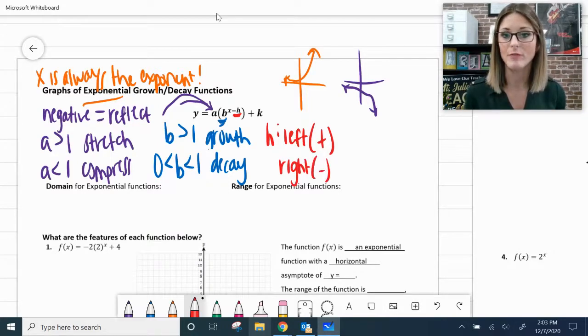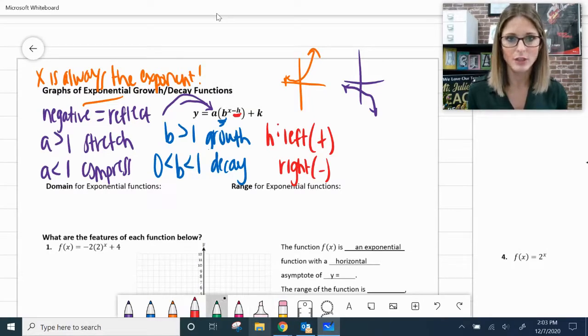You can see from our basic function, it's already x minus h, so this one is set up to move right. If it got changed to a plus, then we would be subtracting a negative number and it would move left.